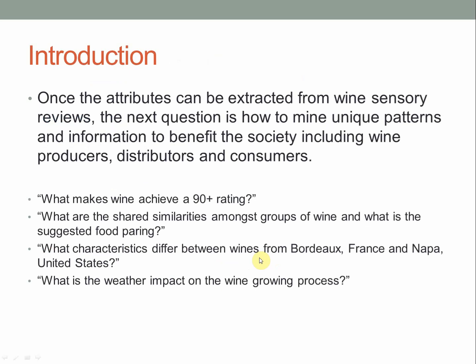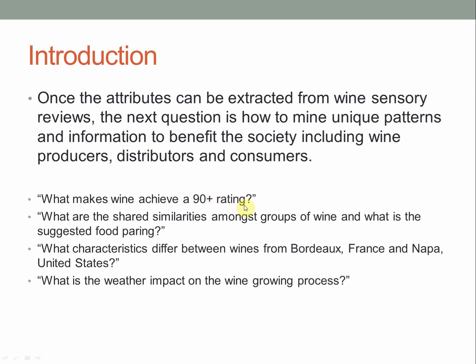If we can do that, based on the computational wine wheel that we developed, we can capture all of those attributes. And once we capture those attributes, the database that we form can answer a lot of tough questions. For example, what makes a wine achieve a 90 plus rating?